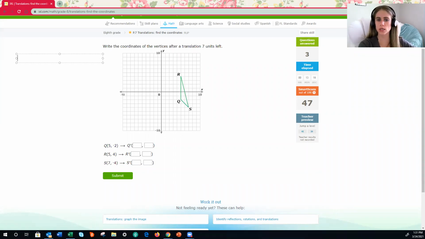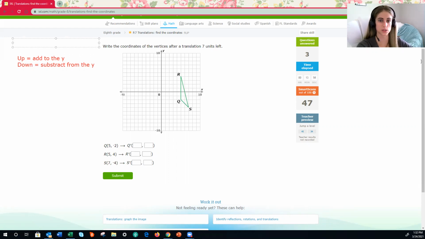So when you're moving the points, if you're not moving using the graph by physically just counting, if you move up, that's with your Y value. So you would add to the Y. If it says down, you would subtract from the Y. And then let's put this up here for your X movements.